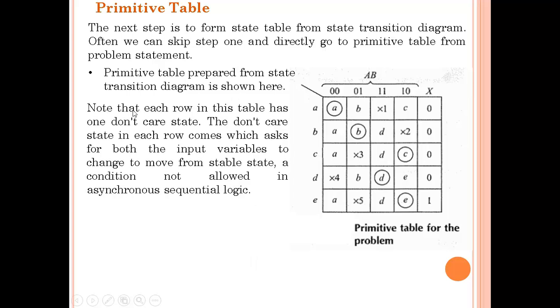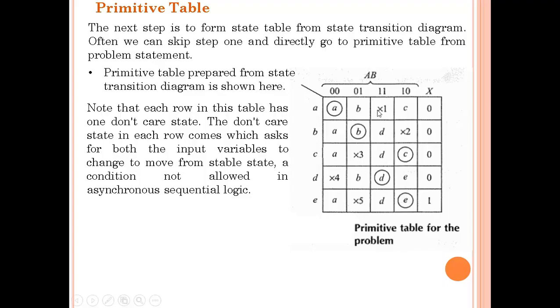Now note that each row in this table has one don't care state. The don't care state in each row asks for both input variables to change to move from the stable state, a condition not allowed in asynchronous sequential logic.